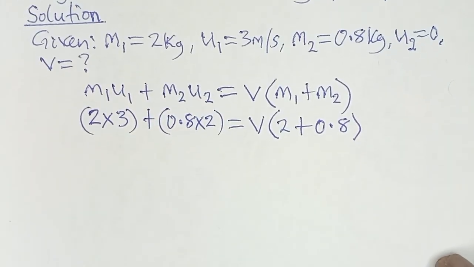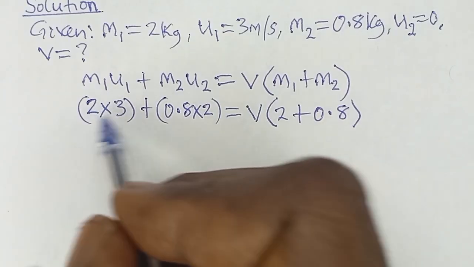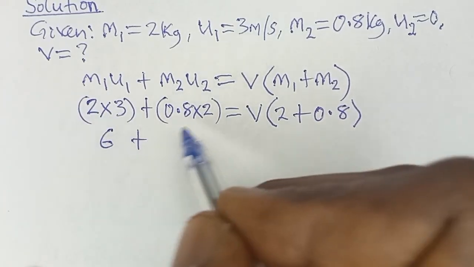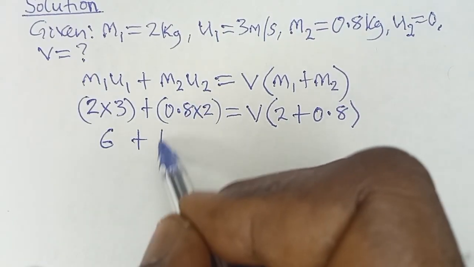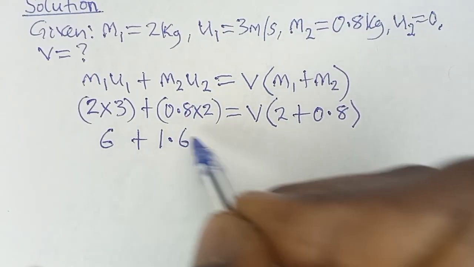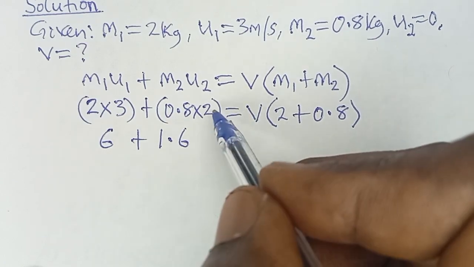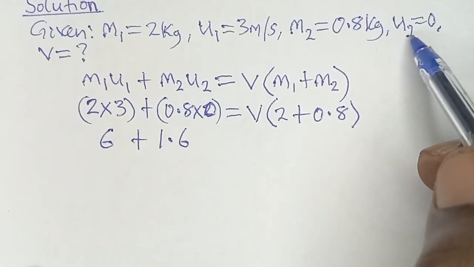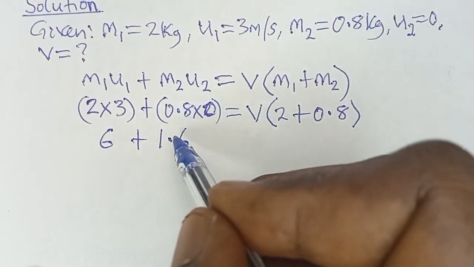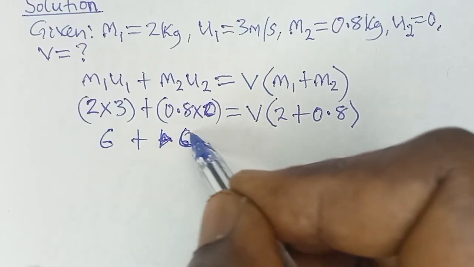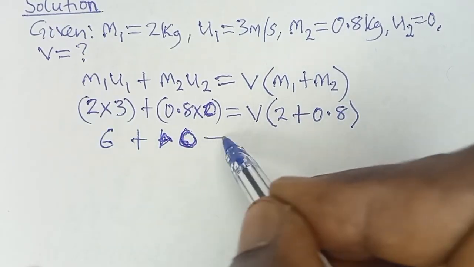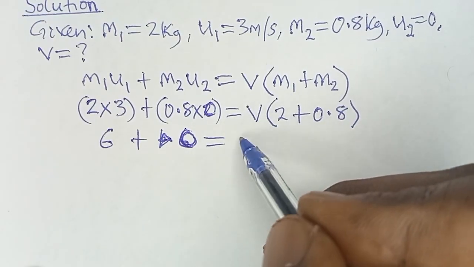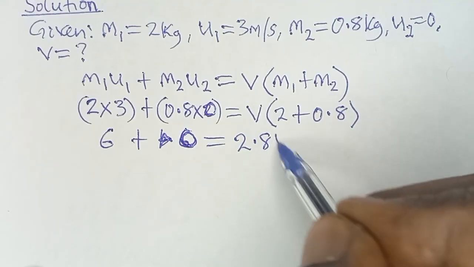So we can simplify further now. 2 multiplied by 3 is 6. Sorry, this is a mistake. The velocity of the stationary object is 0, so this gives me 0. And 2 plus 0.8 gives me 2.8, multiplied by V gives me 2.8 V.